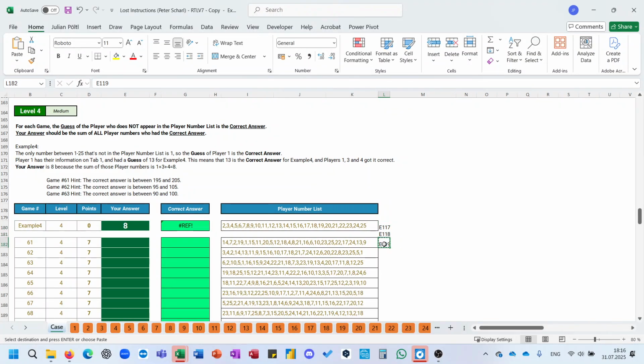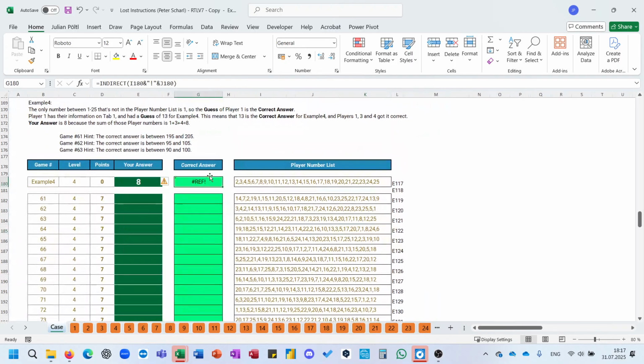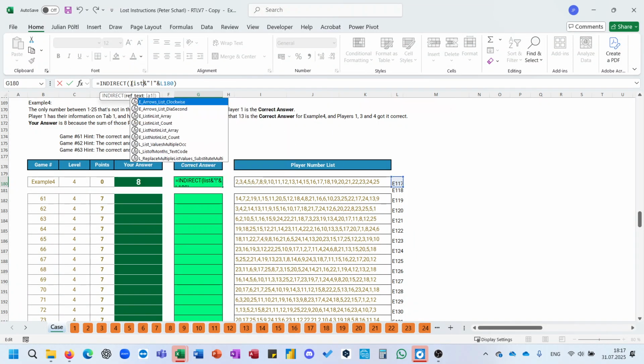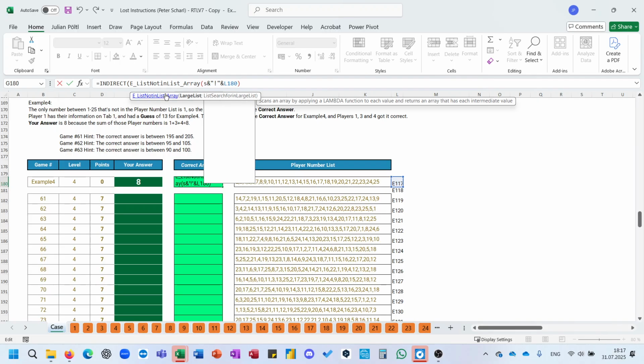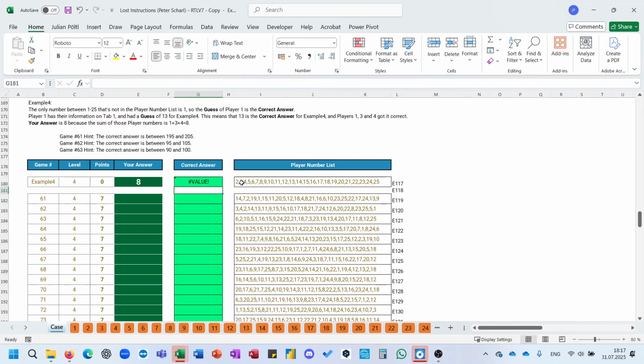Extract this. Since this is merged, I need to... Oh no. Yeah, let's make it that way. Okay, also working. This cell here, and here I use list not in list lambda. Large list is sequence 25, and then TEXTSPLIT or minus minus TEXTSPLIT, and the row delimiter is a comma.